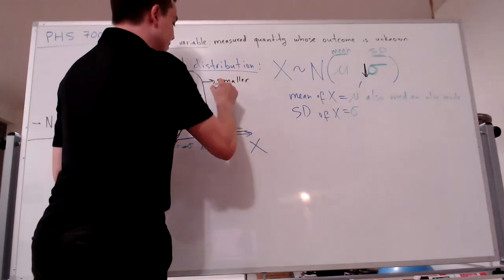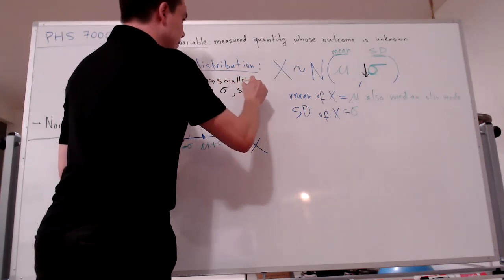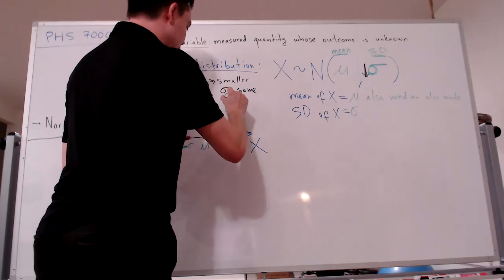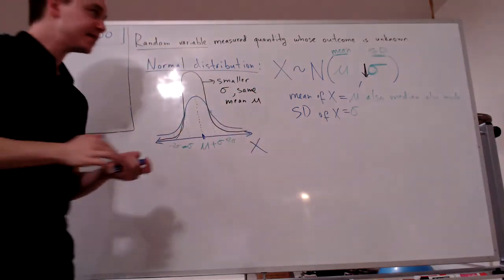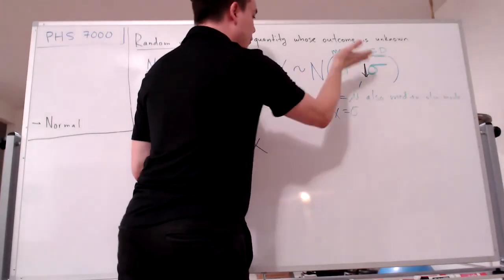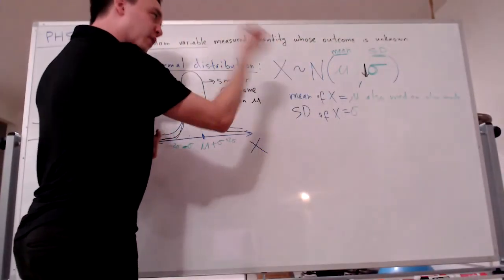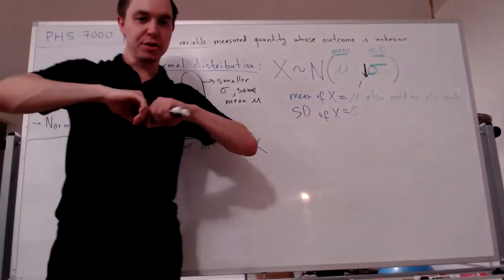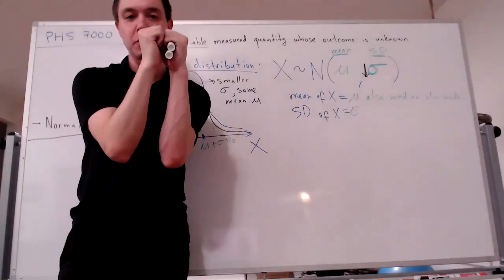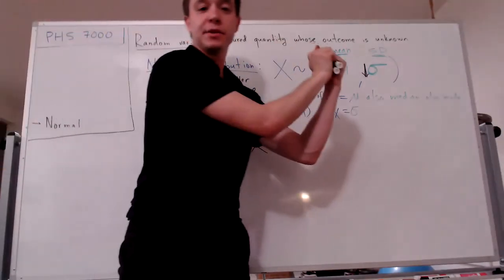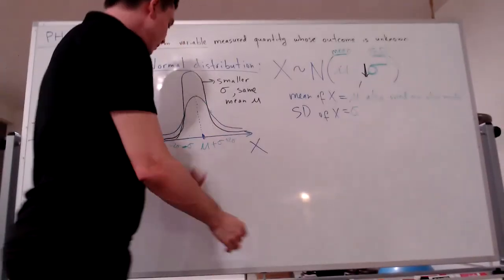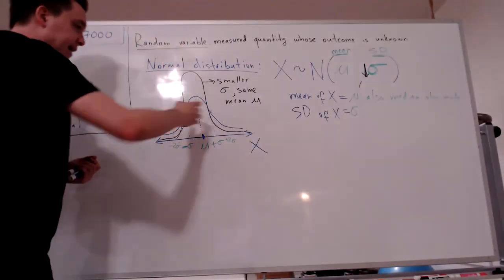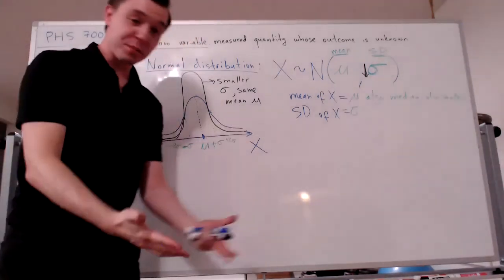Something like that. Smaller sigma, same mean mu. So you see, these are very powerful two parameters. We can make the distribution as wide or as narrow as we want, and then we can shift it around by changing the mean. This line has a formula.